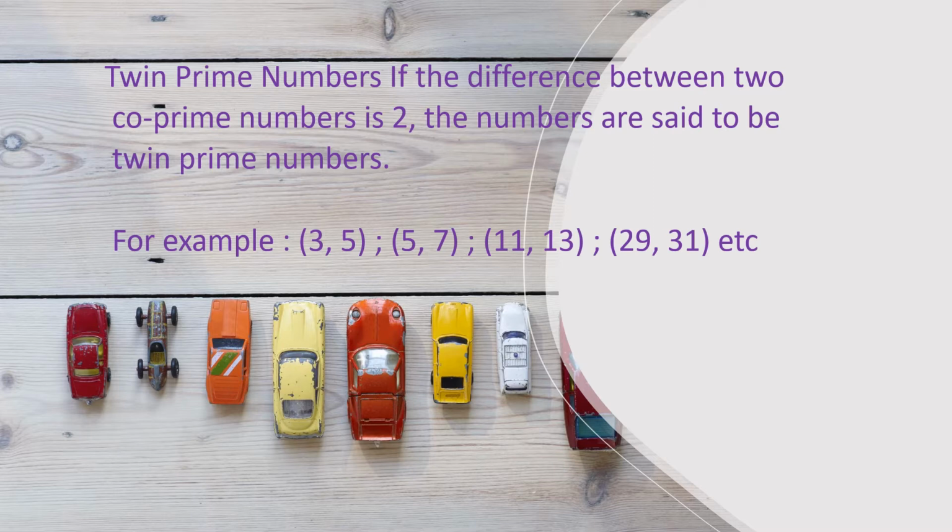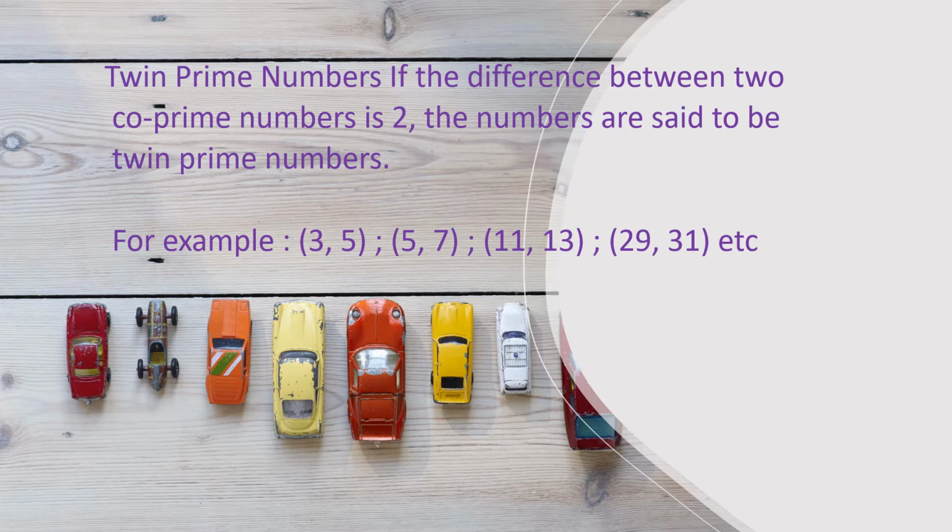You may be wondering, the topic is HCF and LCM, why are these things coming? When we study about divisors, factors, and multiples, prime numbers, co-prime numbers, and twin prime numbers play a vital role.